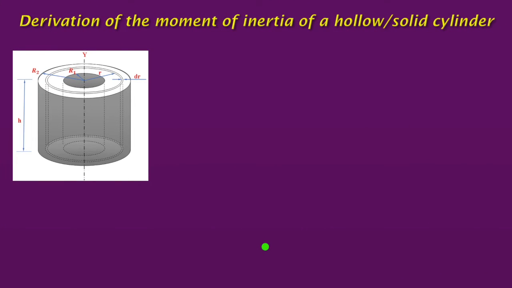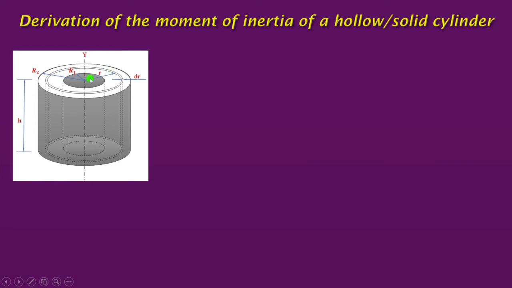Now, let's try to derive the mass moment of inertia of a hollow cylinder. Internal and external radius of the cylinder are capital R1 and R2 respectively. Let's consider the axis about which we are trying to measure the mass moment of inertia, that is the y-axis. Now consider an elementary cylinder, a very thin cylinder.